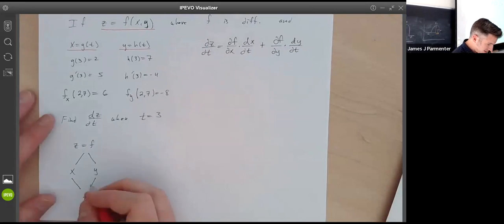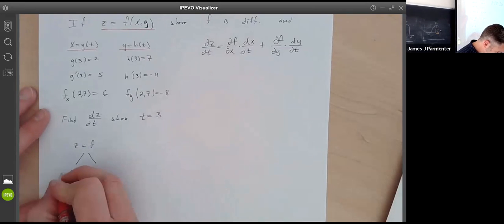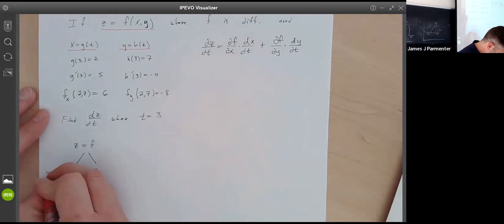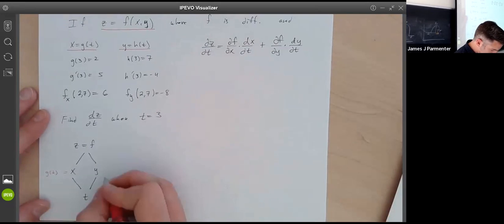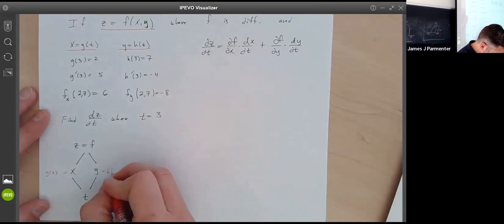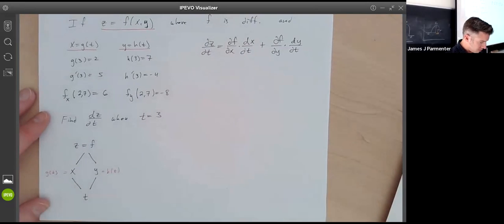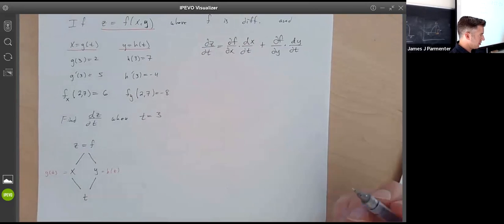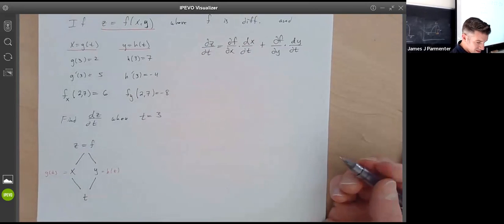Now, it is worth pointing out that x is g of t and y is h of t. So when I write dx/dt, I could also write g prime of t.